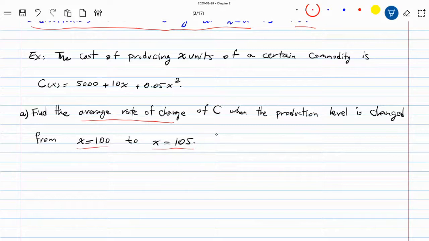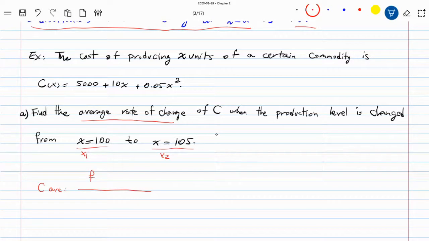So here, you can say this is x1, this one is x2. What we're trying to calculate is C average. Maybe I should write C average. It's the same as the average rate of change.